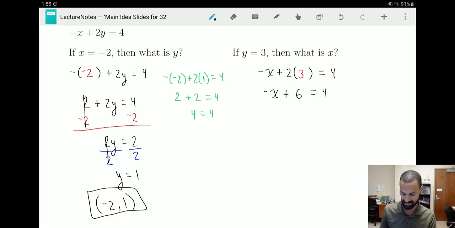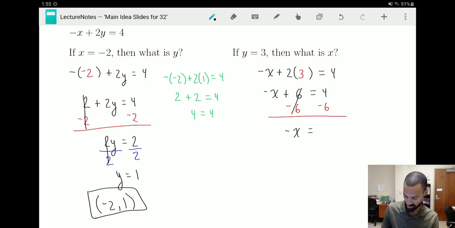Now I'm going to solve for x. So let's get rid of that constant term, 6. Subtract 6 from both sides. Negative x equals 4 minus 6, which is negative 2. Now, this is an understood negative 1 right here, so I'm going to divide both sides by negative 1.